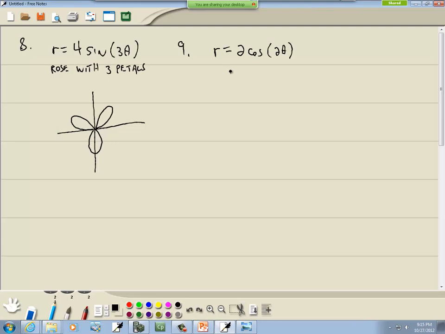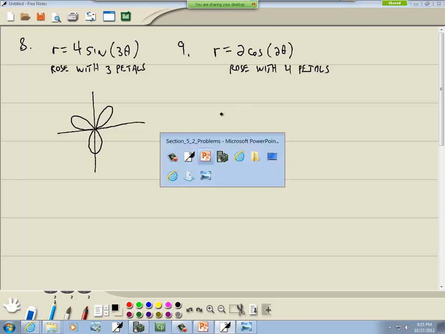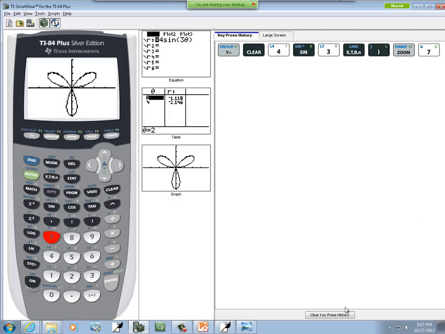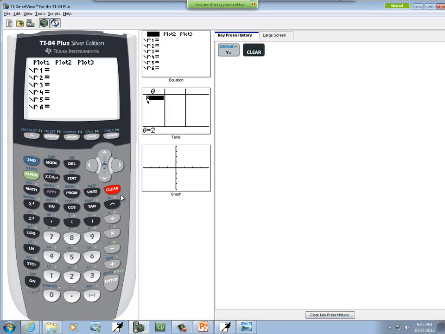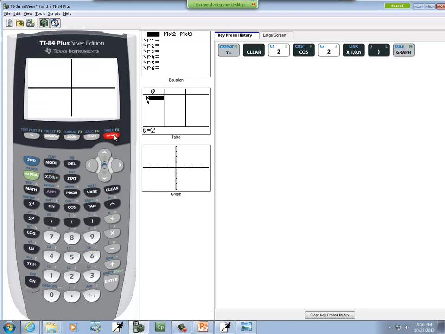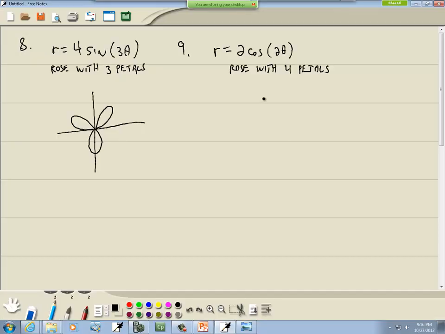So we're going to have a rose with 4 petals. So let's go graph this. Press my y equals, press my clear. I got 2 cosine of 2 theta, close parentheses, and then graph. And there's our 4 petals.